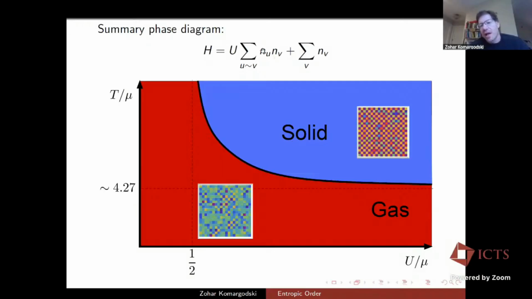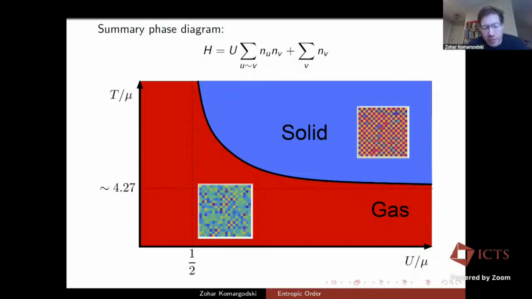If we could cap this little n in experiment, let's say by 10, the solid survives up to temperatures of order 10 U, and U is the fundamental scale in the problem. So you would push the transition temperature of an ordered state much above the fundamental scale of the problem.